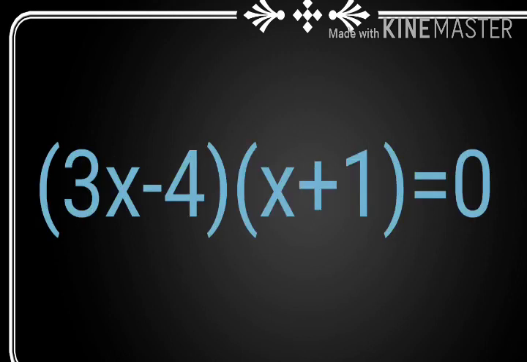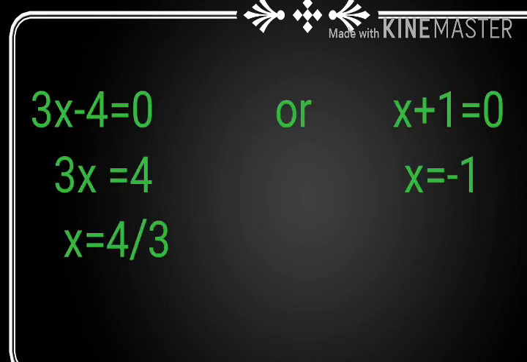Now 3x minus 4 is taken outside, and x plus 1 is the other factor. Then 3x minus 4 into x plus 1 equals 0. So 3x minus 4 equals 0, 3x equals 4, x equals 4 by 3. Then x plus 1 is 0, so x equals negative 1. So the two roots are 4 by 3 and negative 1.